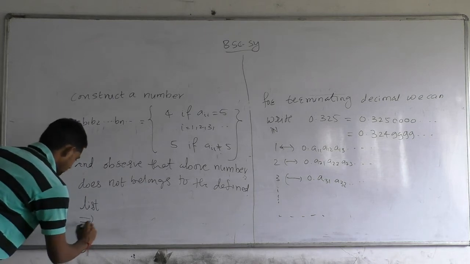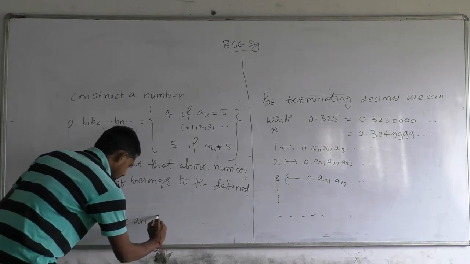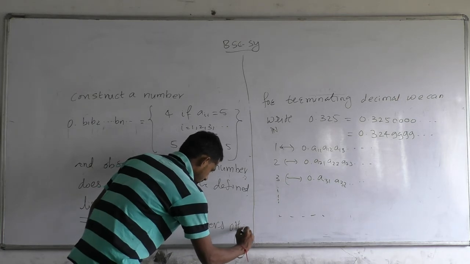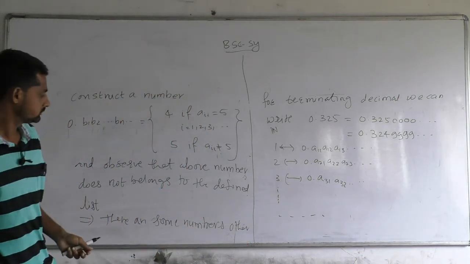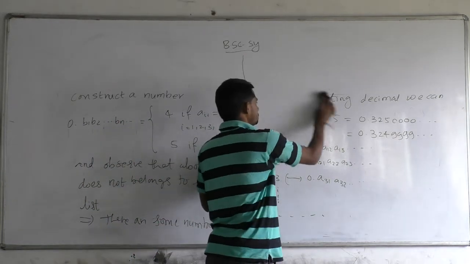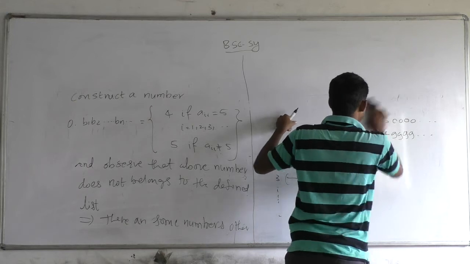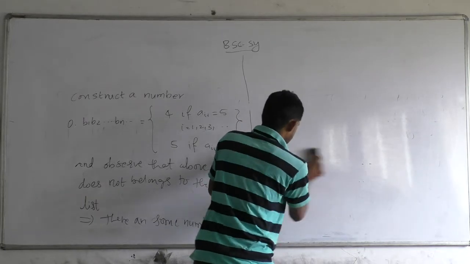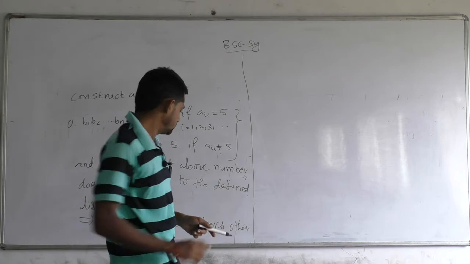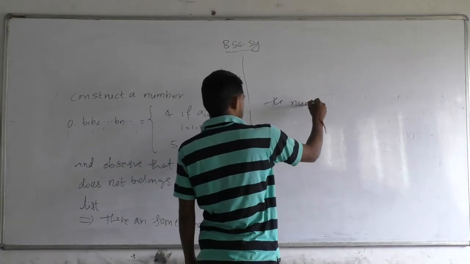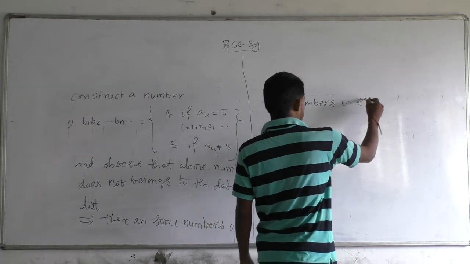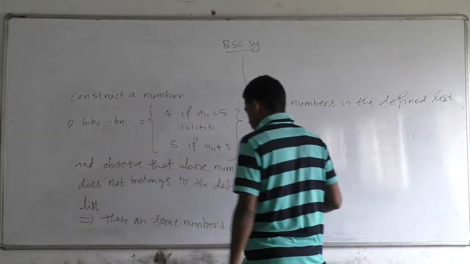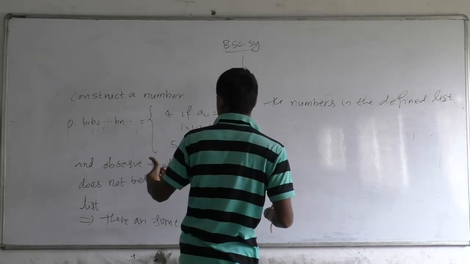This implies that there are some numbers other than the numbers in the defined list. Hence, we got a contradiction to the assumption that the function f is 1-1.